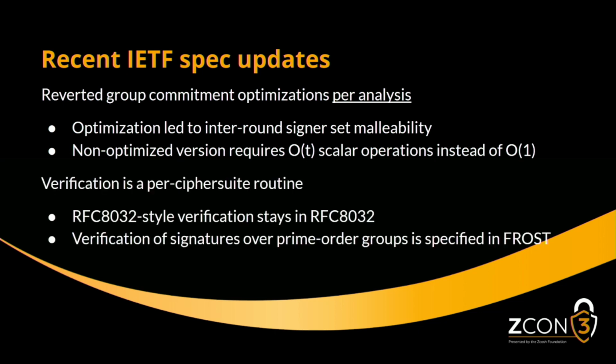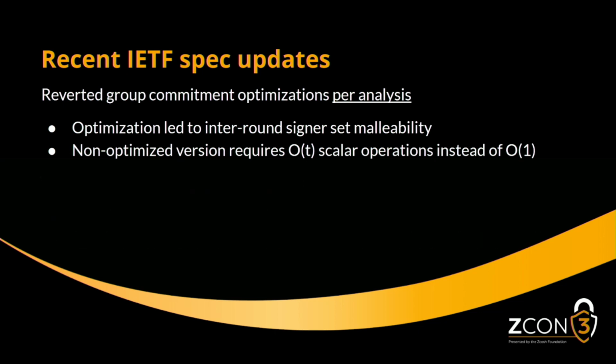But as mentioned, that introduced a signer set malleability issue, not a signature malleability issue, just whether you can prove or be certain that the signers that started the protocol in round 1 are the ones that finished the protocol in round 2. And based on everything else that we were doing in the spec, we just decided we'll back it out. We'll go back to FROST 1 where we don't have this issue, and that's where we're going with now.